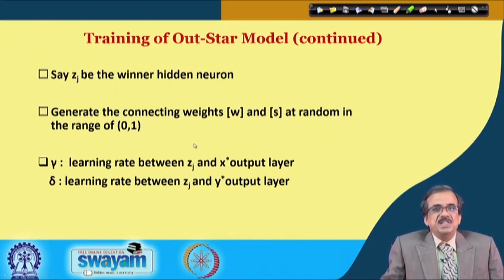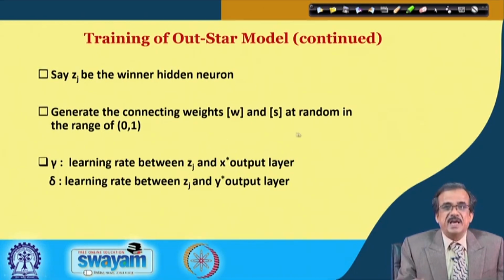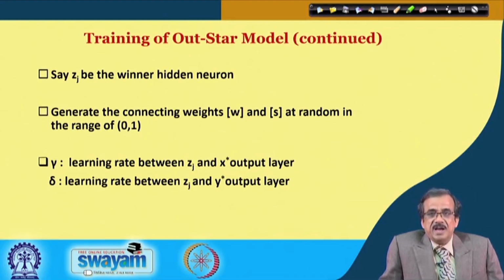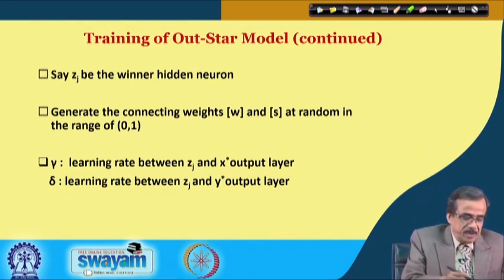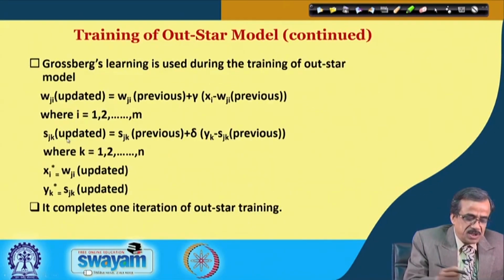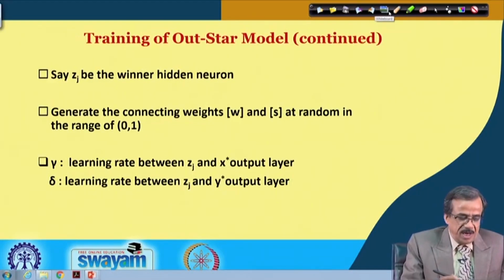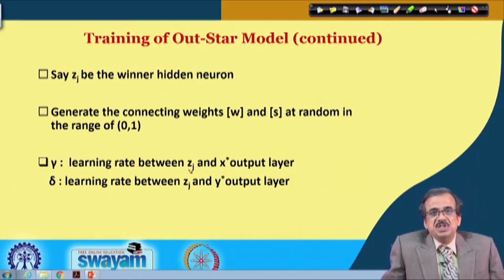For example, z j is the winner, connecting weights are lying between 0 and 1, and gamma is the learning rate between z j and the x star output layer, and delta is the learning rate between z j and the y star output layer.